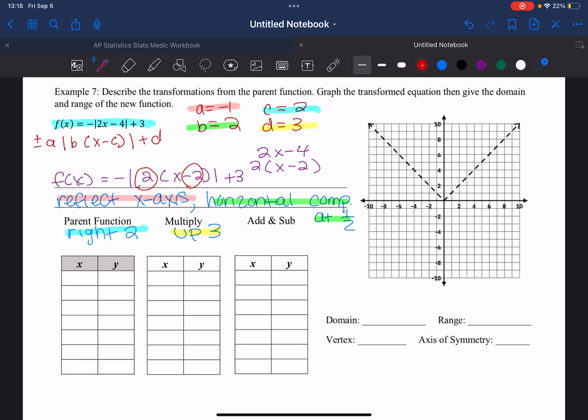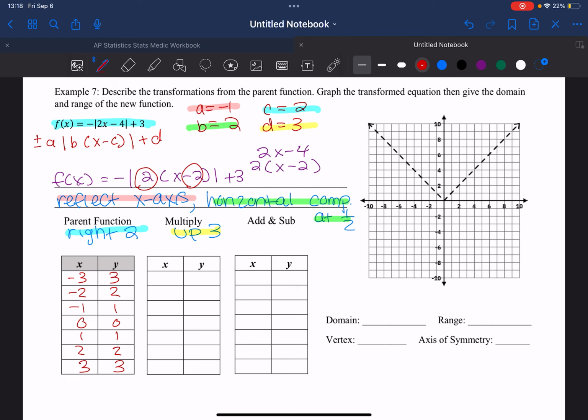So remember, my parent function is that -3, -2, -1, 0, 1, 2, 3, 3, 2, 1, 0, 1, 2, 3. Okay, that's our parent function. It didn't change.